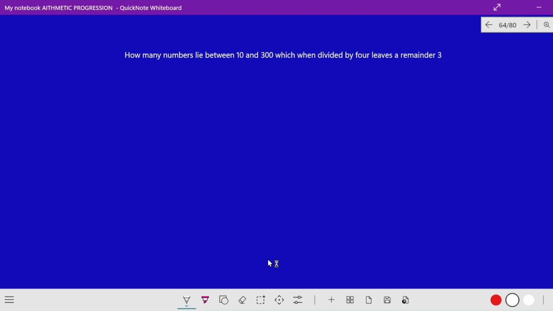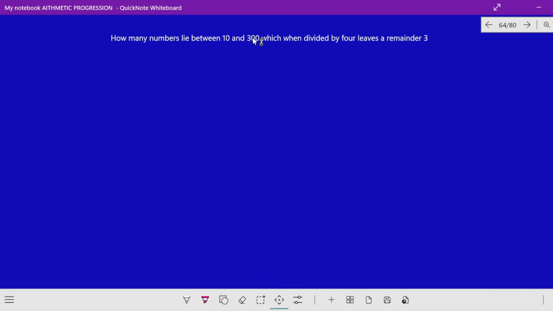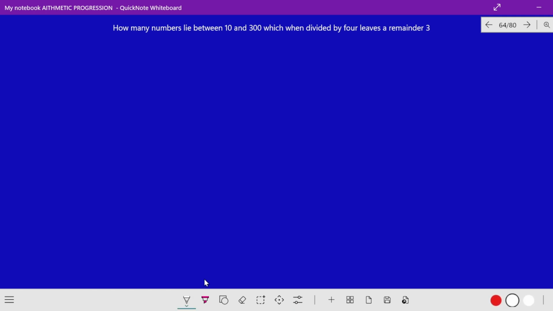Next question. How many numbers lie between 10 and 300 which when divided by 4 leave the remainder 3? Means the first number is 8. 8 divided by 4, 4 twos are 8. Totally divisible. So for remainder 3 you should take one number less than one which is divisible.